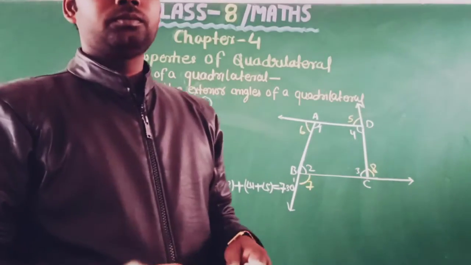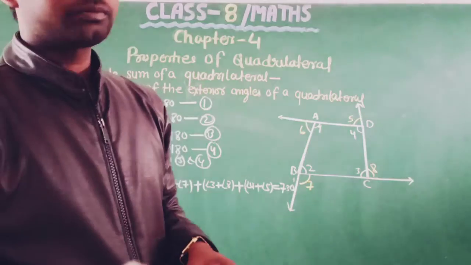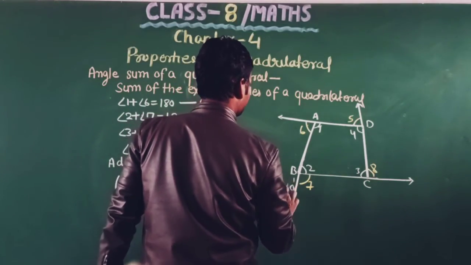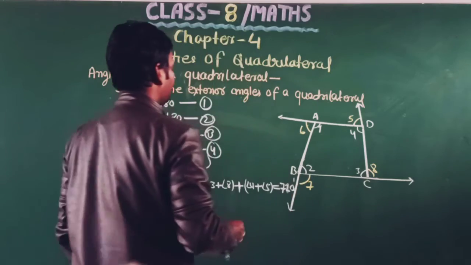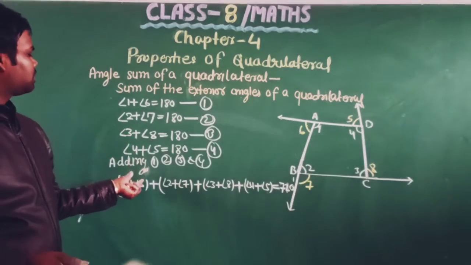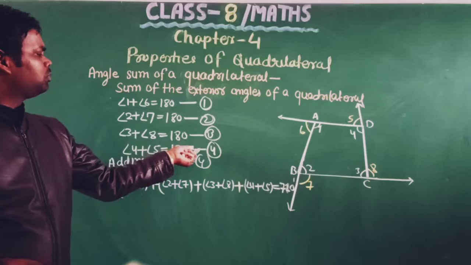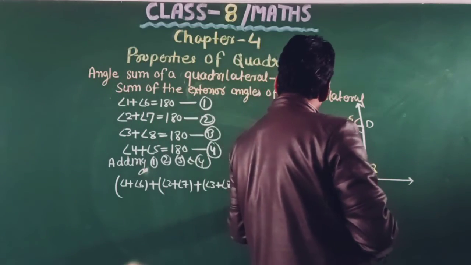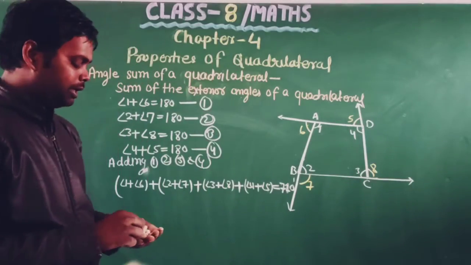The sum of equations 1, 2, 3, 4 is equal to 720 degrees.